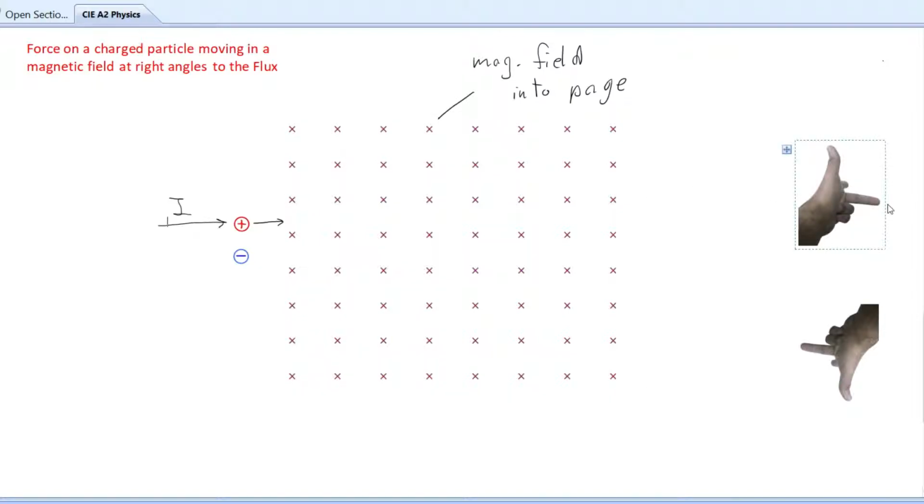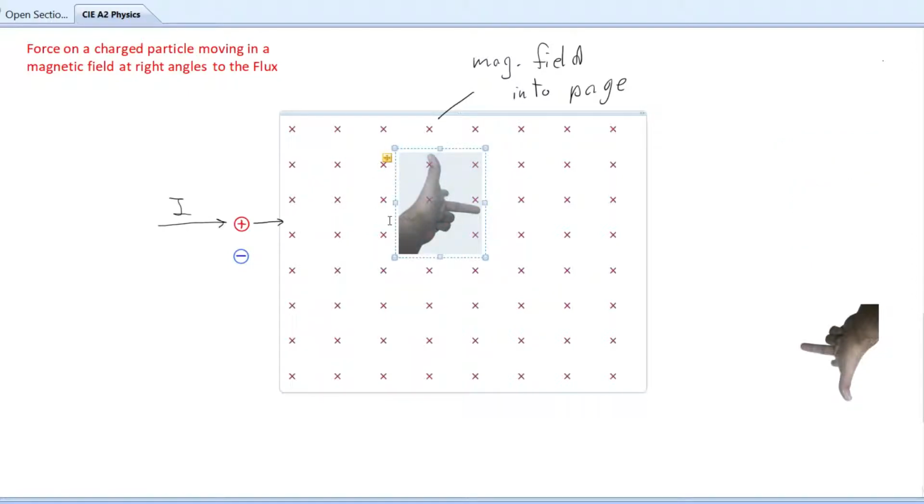If you apply Fleming's left-hand rule here, if you have a field which is pointing inwards into the page and the current to the right, you'll find that the thumb is pointing upwards. This leads to the conclusion that this positive charge will experience a force upwards as it enters the magnetic field. So it will curve up.